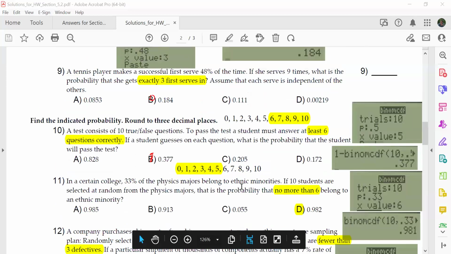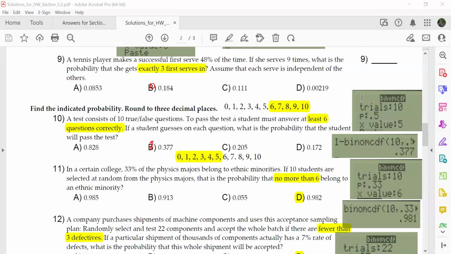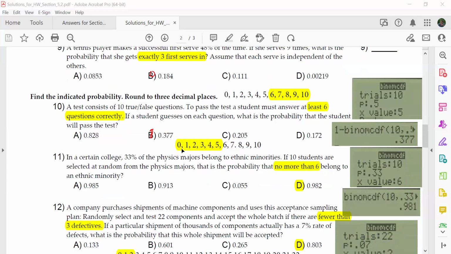You highlighted 0, 1, 2, 3, 4, 5, but I should have highlighted the 6 as well. I know this might be a stupid question, but why don't we count 0 as a possibility because it's no more than 6?